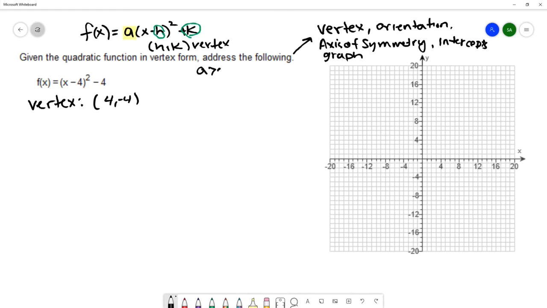Whenever a is greater than 0, the graph opens up, and whenever a is less than 0, it opens down. In this example, the value of a is 1. We don't see a coefficient in front of the parentheses, so we assume the value to be 1. So a is equal to 1, which is positive, so this parabola opens up.